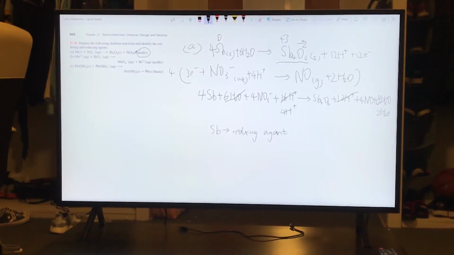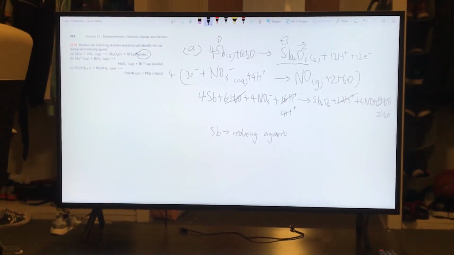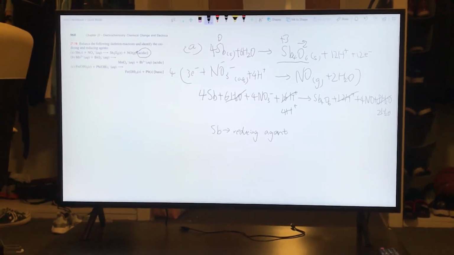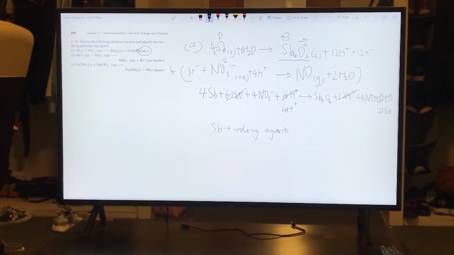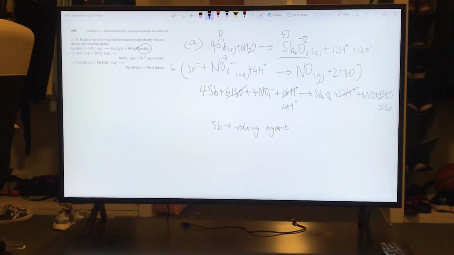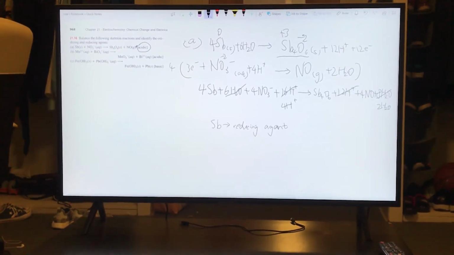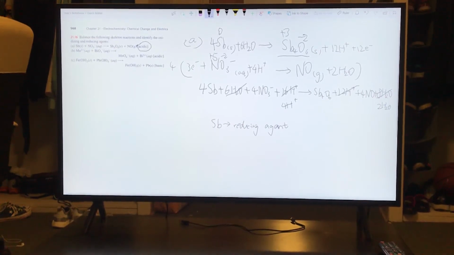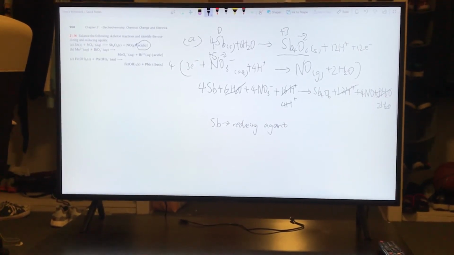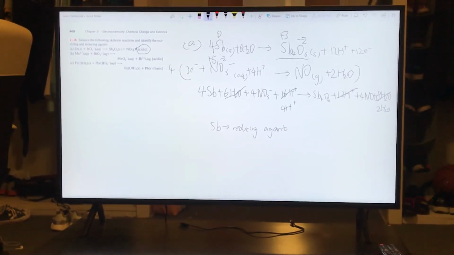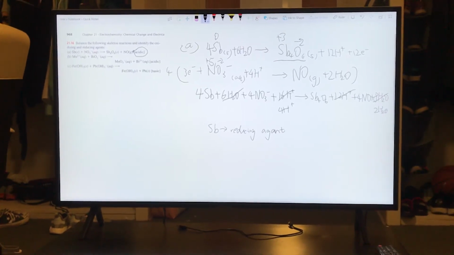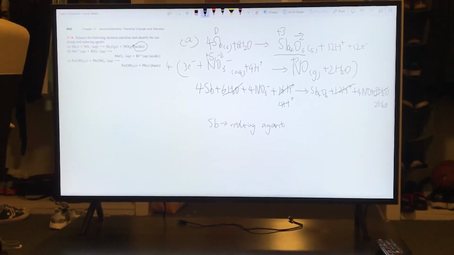Similarly, in the second half reaction, we know that O usually has an oxidation number of -2, and this whole thing, NO3 minus, has a charge of -1, which means that N has an oxidation number of +5. And for NO, the total oxidation number is 0 and O is -2, which means that N is +2.